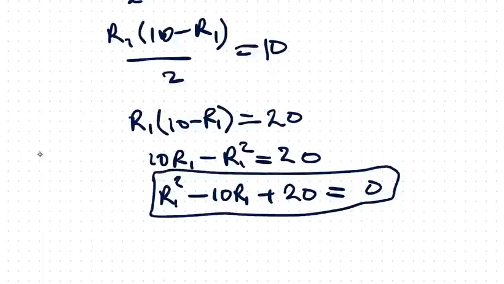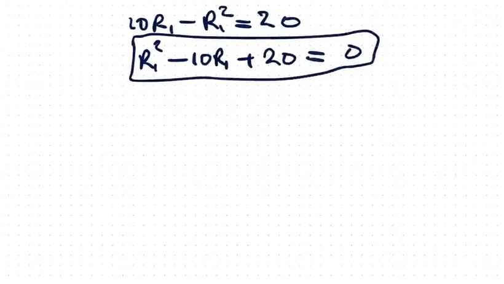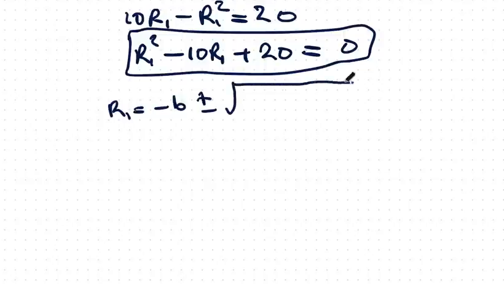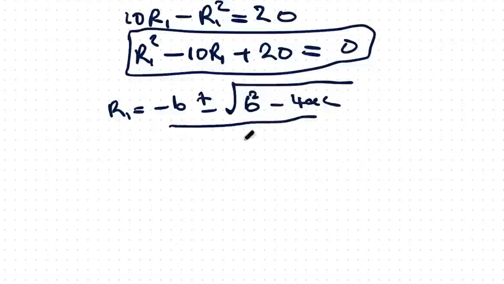So using the formula method to solve for R1, we have that R1 will be equal to minus B plus or minus the square root of B squared minus 4AC, divided by 2A.